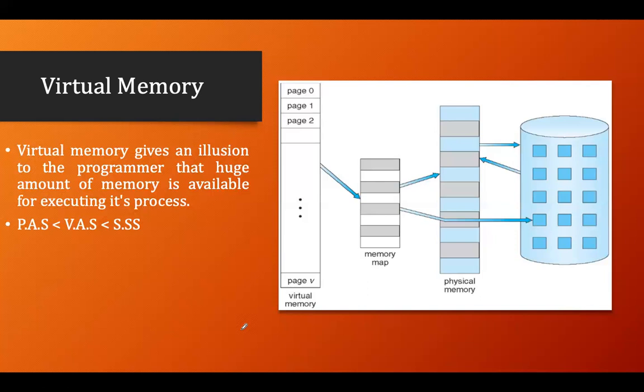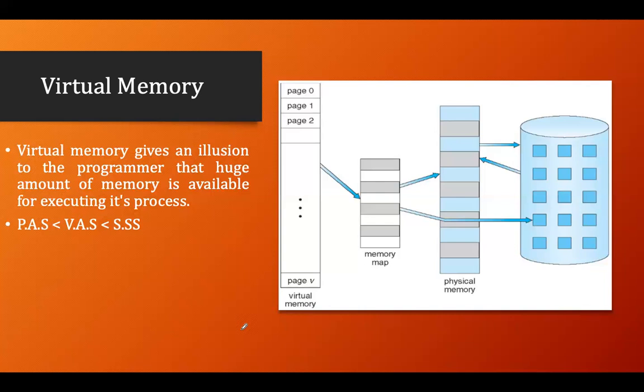The space given to a program or a process in the secondary memory is called virtual address space. That is also called logical address space, that we know, right? The virtual address space is the actual space given to the process in the secondary memory, and it is definitely larger than the physical address space of that particular process.